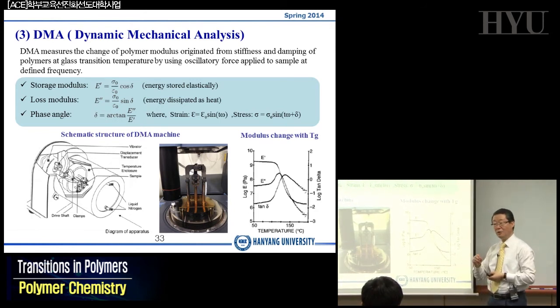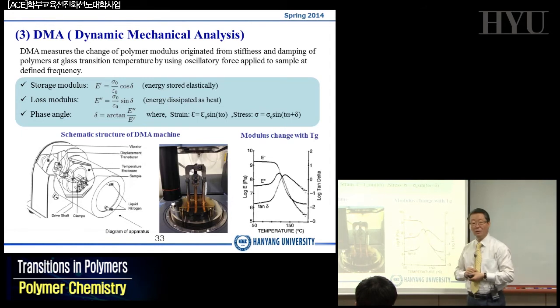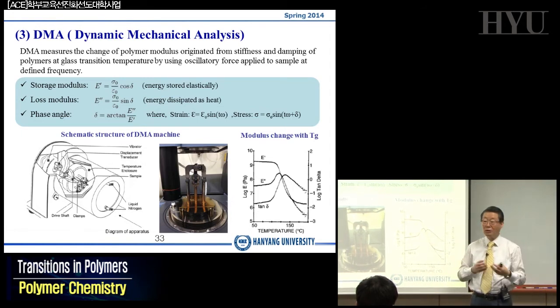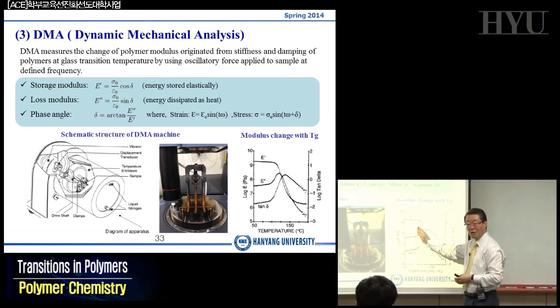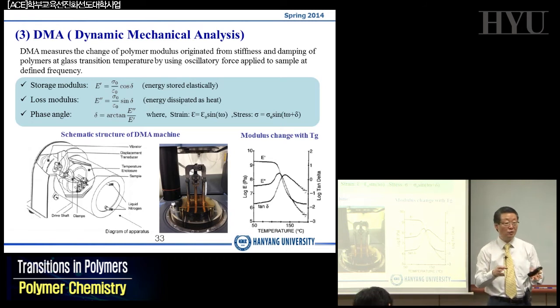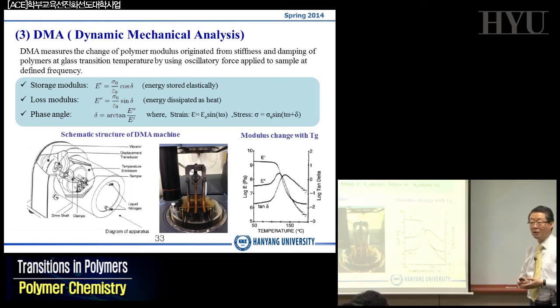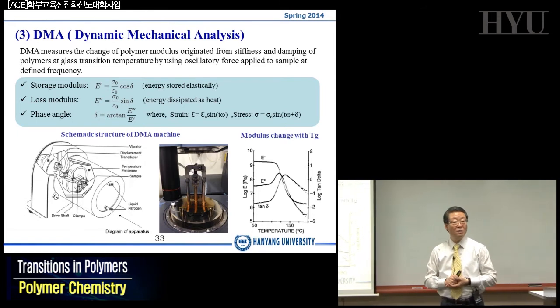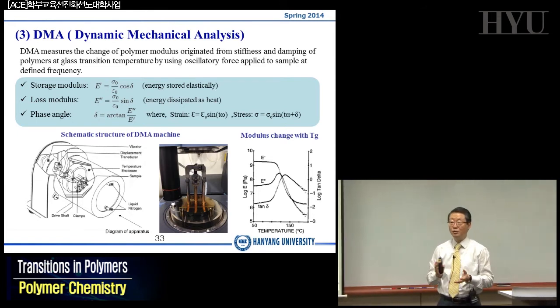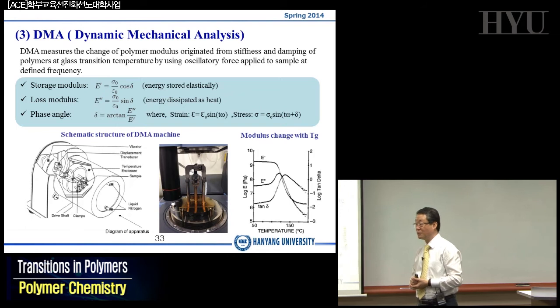In other words, if you increase the temperature of your whole system 10 degrees per minute, or 1 degree per minute, or 50 degrees per minute, it determines the movement of your glass transition temperature as well. So you have to tell which condition you have used to detect the glass transition temperature of the system.